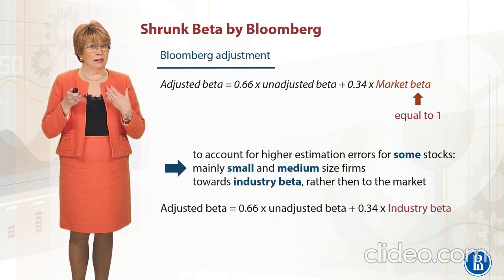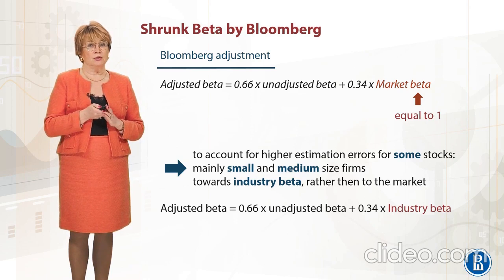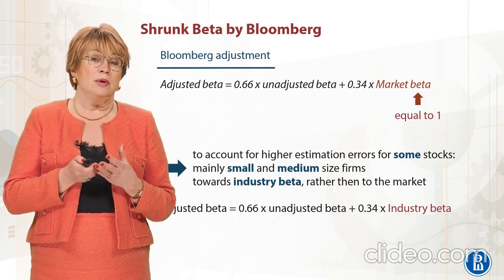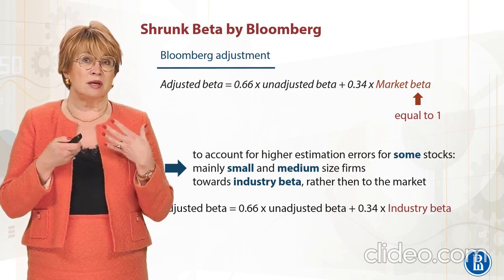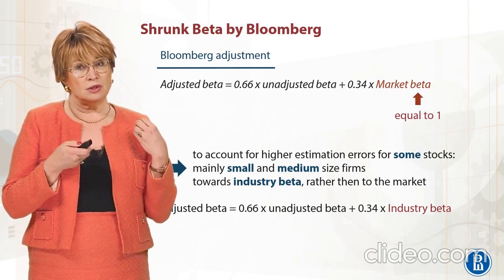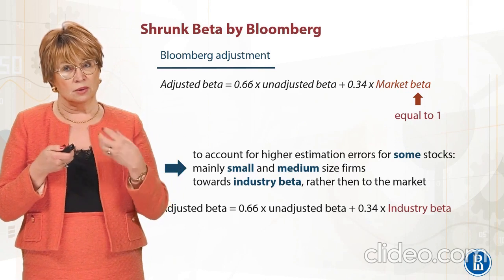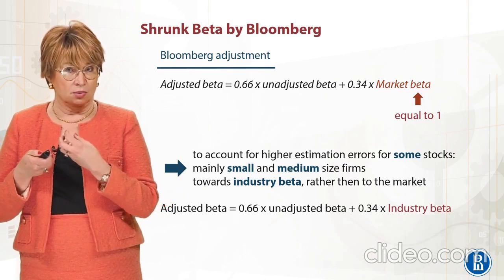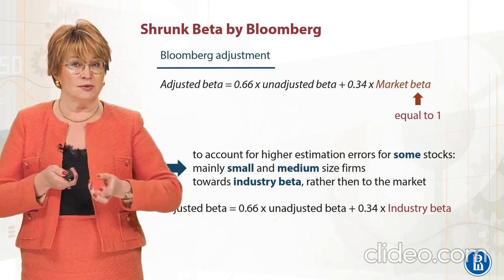So this is one type of the adjustment which says that we can apply that very important observation which comes from the empirical research that all the betas are moving towards the industry or market betas.